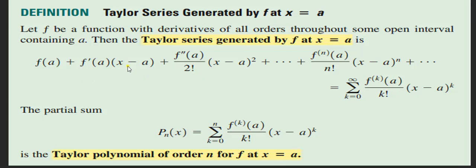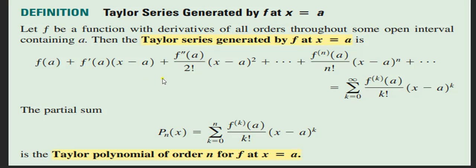pattern. For example, if it's the first derivative, actually this is over 1 factorial. And look at the exponent, that's also 1. If it's the second derivative, it's over 2 factorial, and the exponent will be 2. So whatever derivative you take, just put n factorial as the denominator, and the exponent will be n.